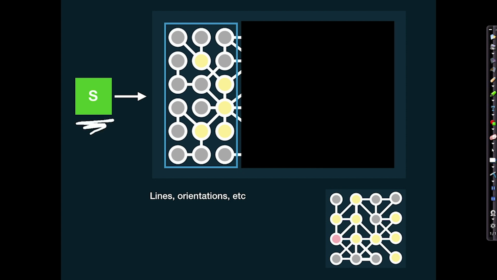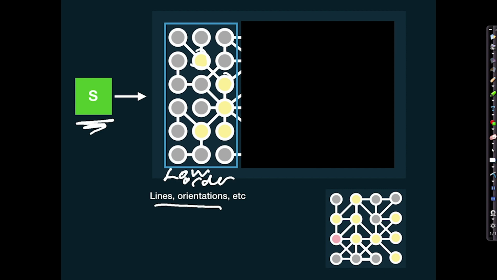We have sensory information that enters the lower order visual cortices and picks out things like lines and orientation. So that's what's happening in this lower order level here. So this is low order. And you can see that a particular state has been selected here by the sensory information, illustrated by the activation of this particular set of cortical columns.